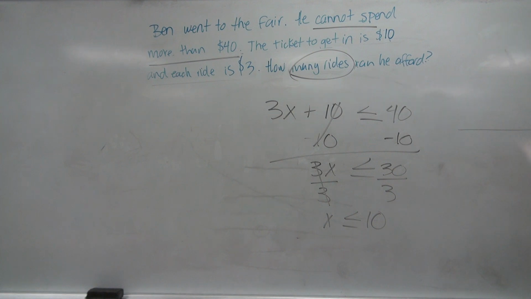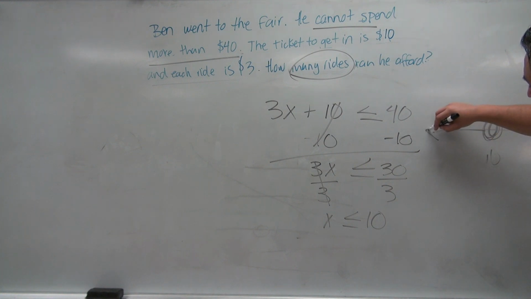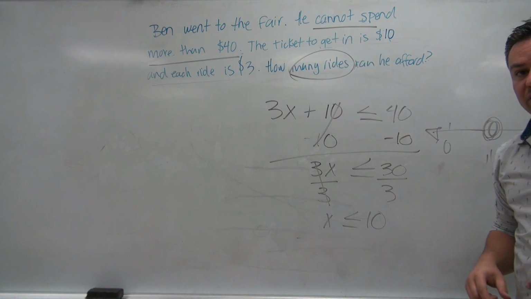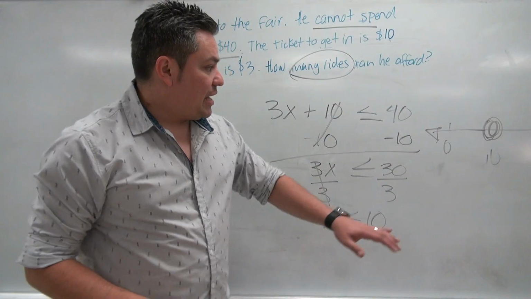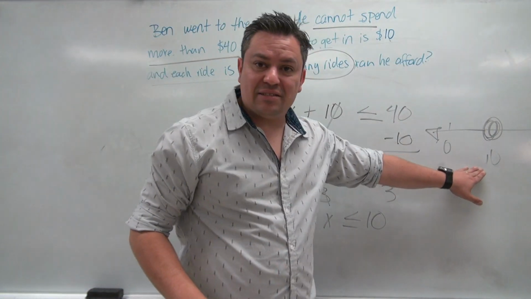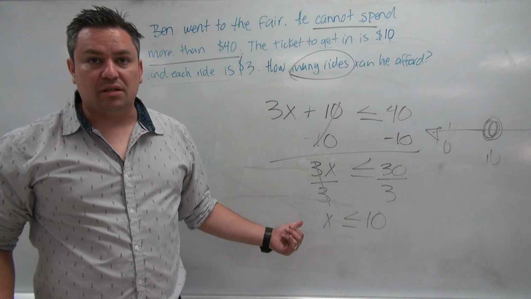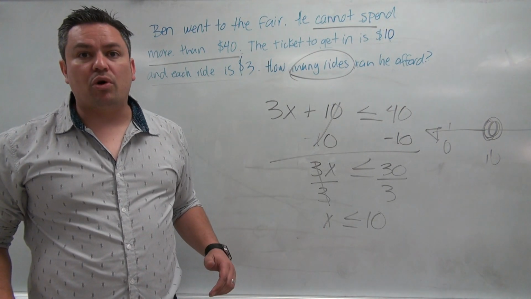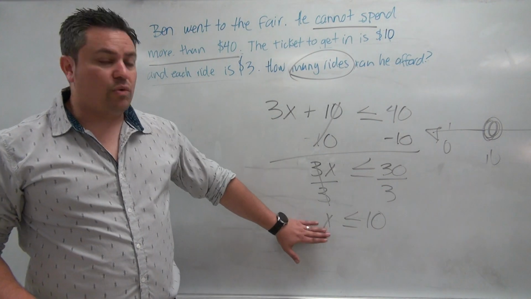Well, you can see this on the video. So it's a closed circle at 10, and it's everything that way. Notice 0 is somewhere over here and then everything else is negative. So that means that any number less than 10 satisfies my answer. So can he go on 1 ride? Yes, but not more than 10. Any questions on this so far?